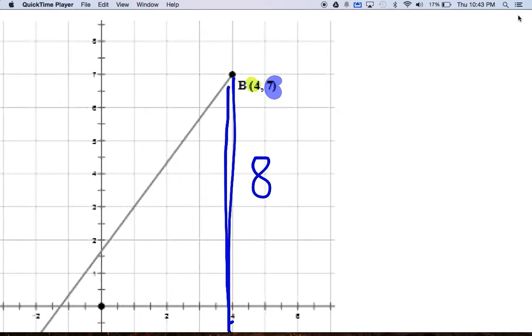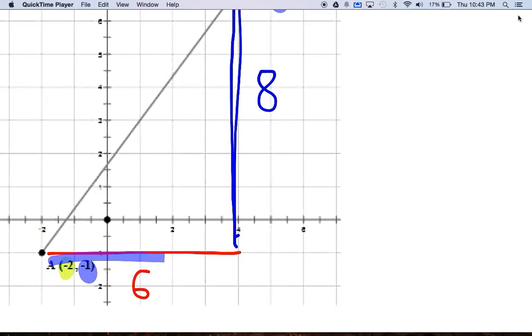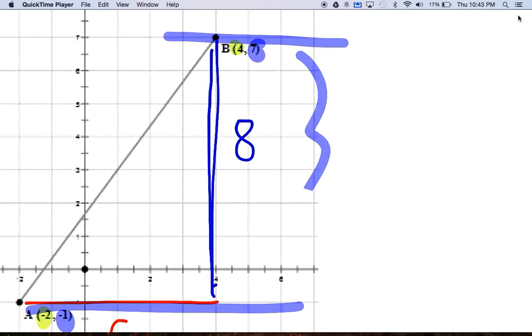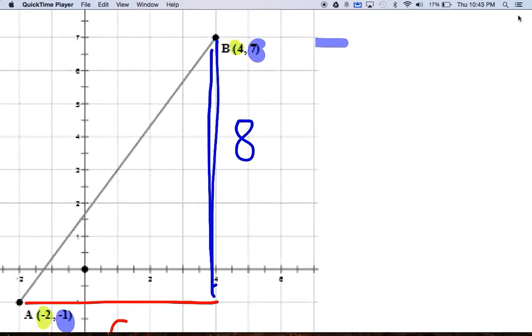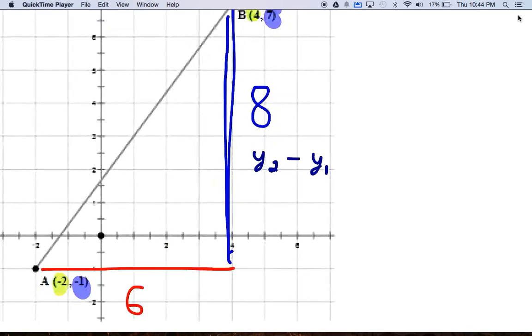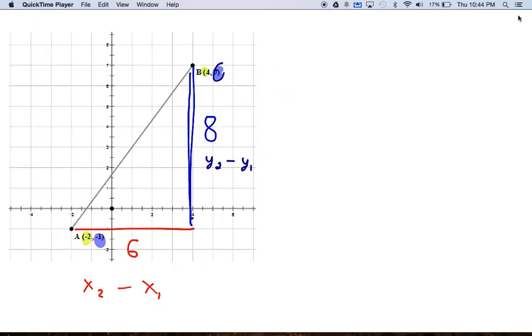Okay, so we start at a height of 7, and we go down to -1. That's a distance of 8. So this distance here was found by doing 7 minus -1, or y2 minus y1. Alright, you see that? If you subtract the y-coordinates, you'll get our distance here. And if you subtract the x-coordinates, you'll get our distance here.